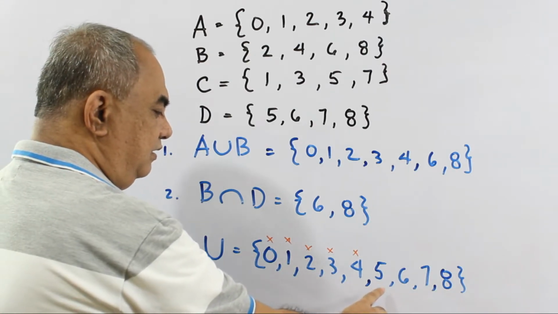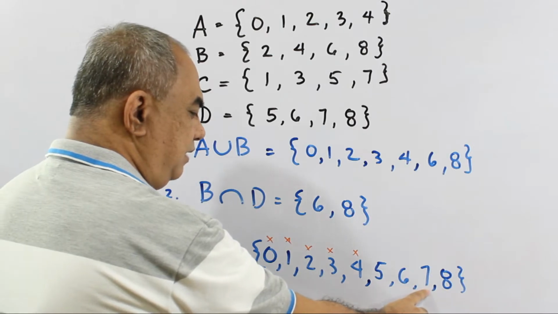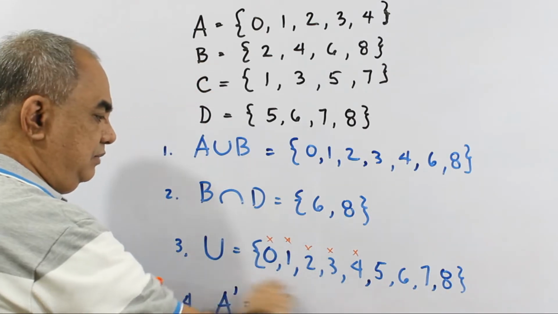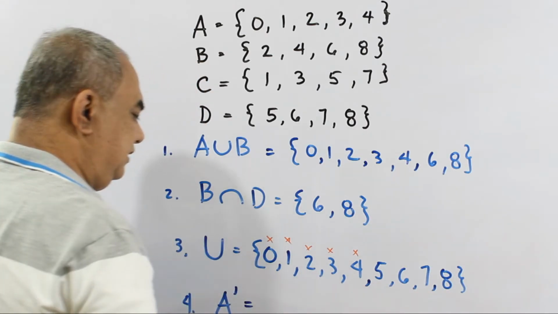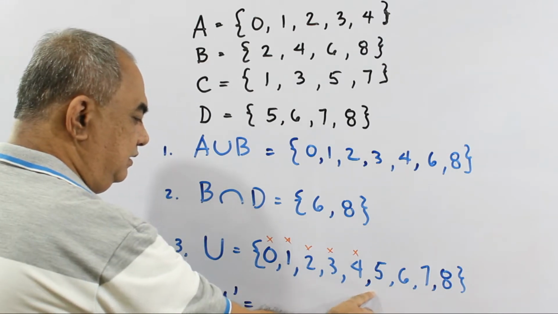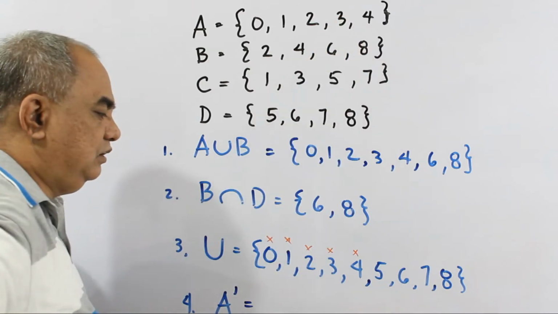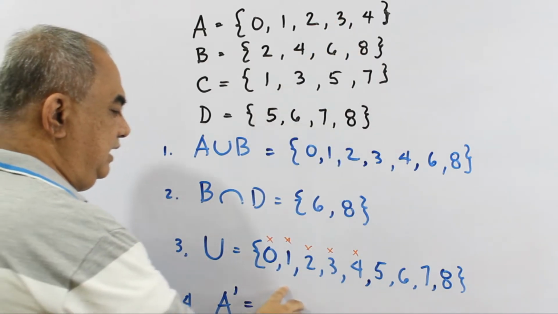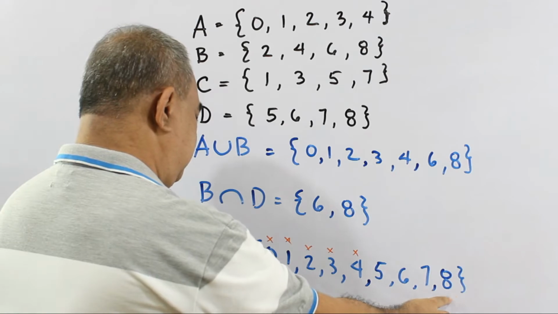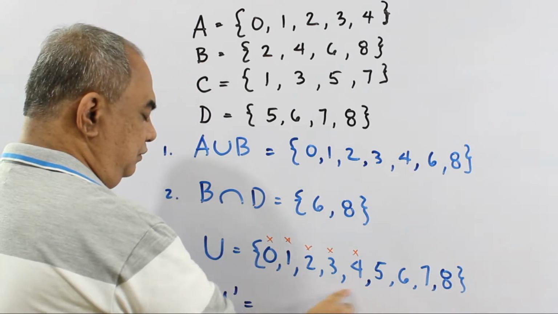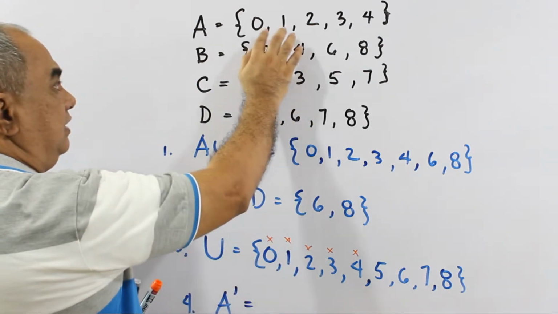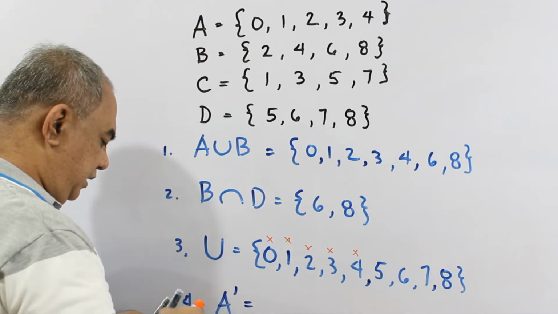Meaning to say, the elements 5, 6, 7, and 8 are the elements in the universal set that disregard the elements in set A. In other words, the remaining elements from the universal set, after we subtract all the elements coming from set A, will be our answer.